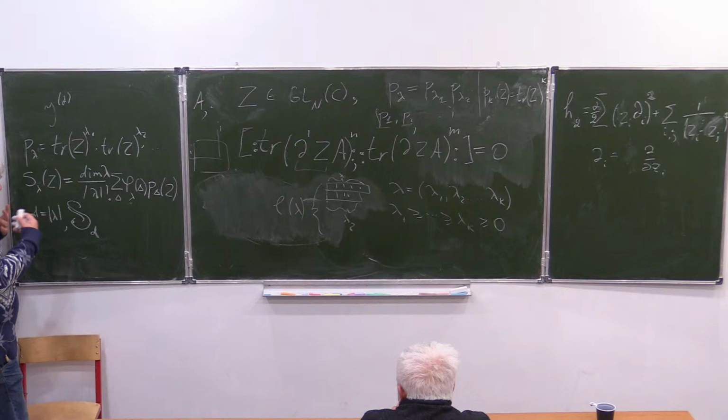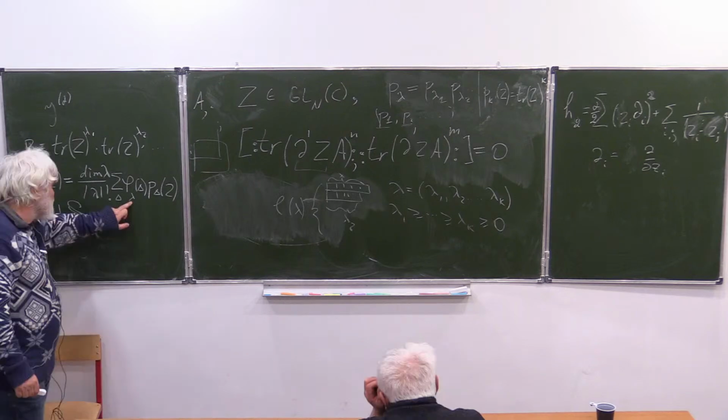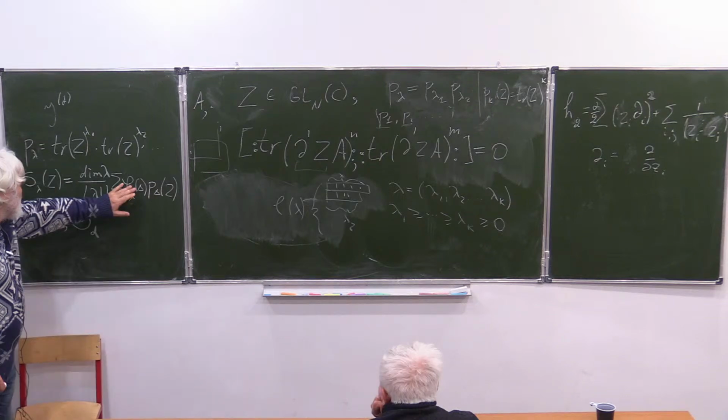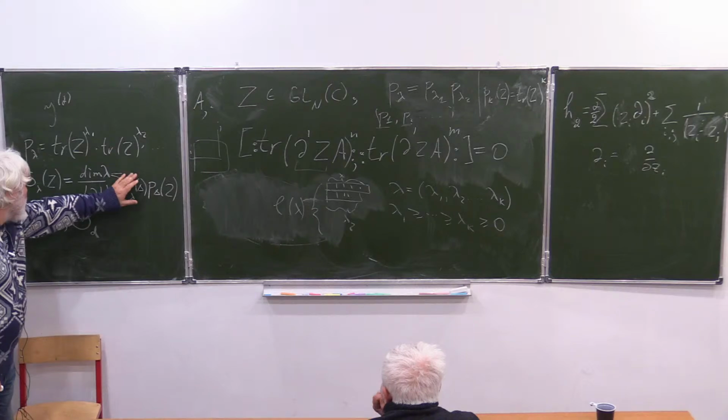And this is a rational number known as the character of the symmetric group related to representation lambda and evaluated on cycle class delta. So, just some rational number. What is the relation between the two bases?